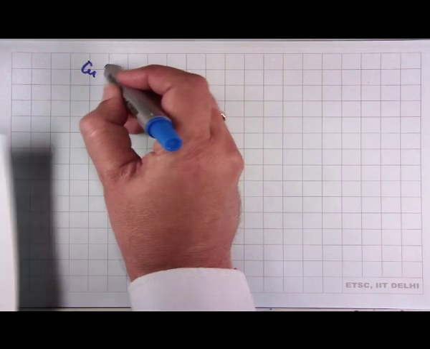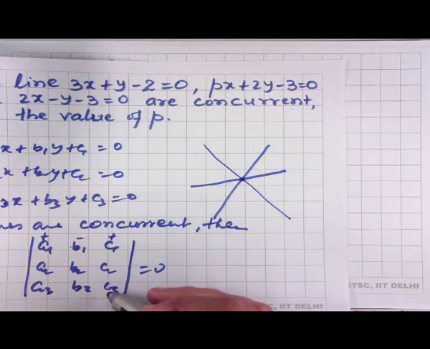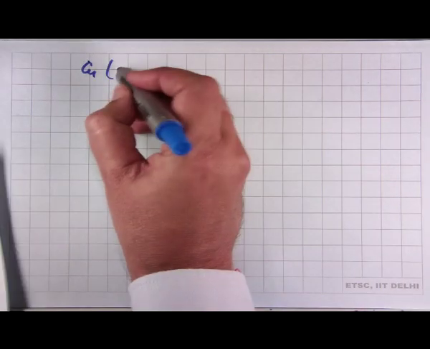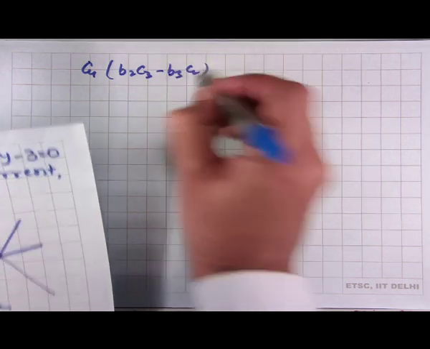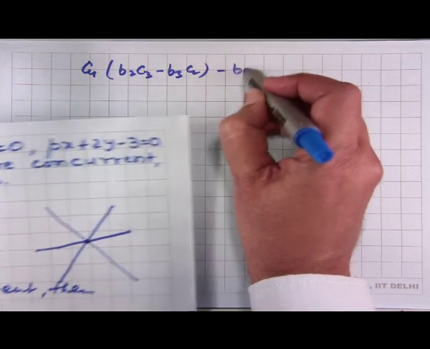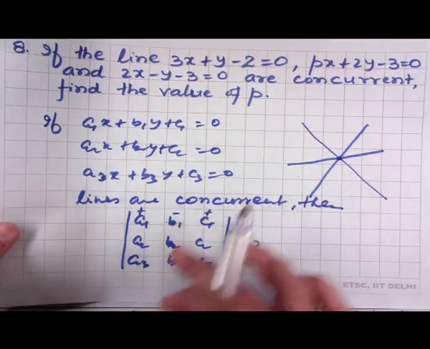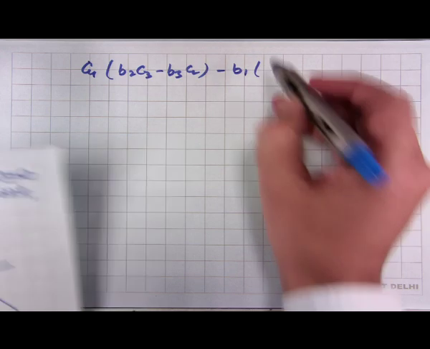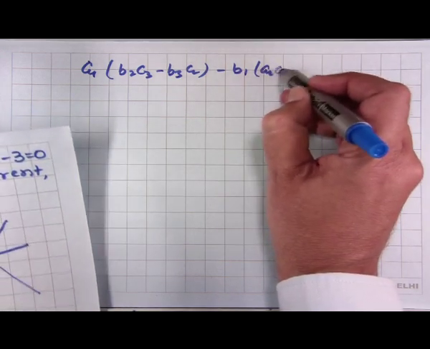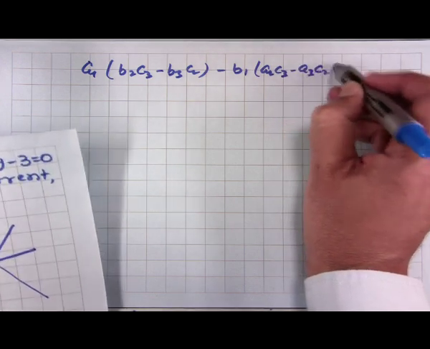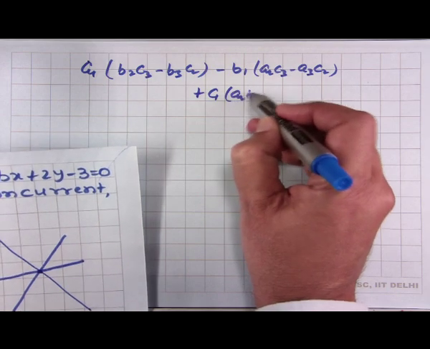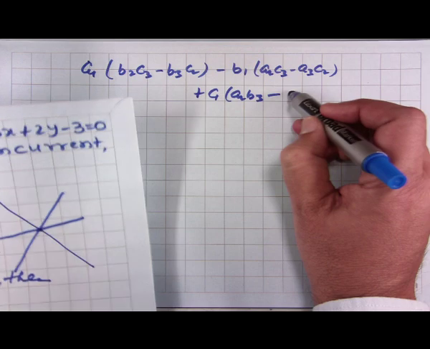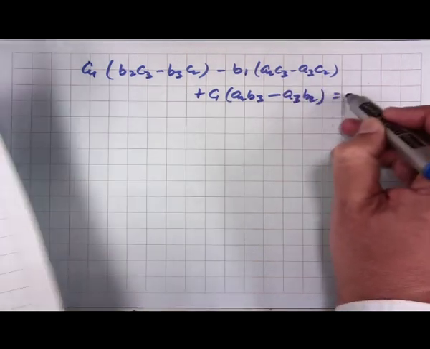So A1 times (B2 C3 minus B3 C2), minus B1 times (A2 C3 minus A3 C2), plus C1 times (A2 B3 minus A3 B2) equal to 0.